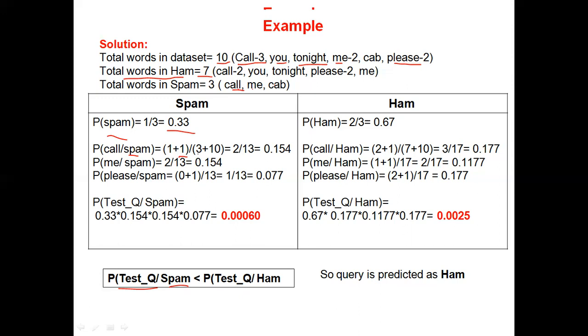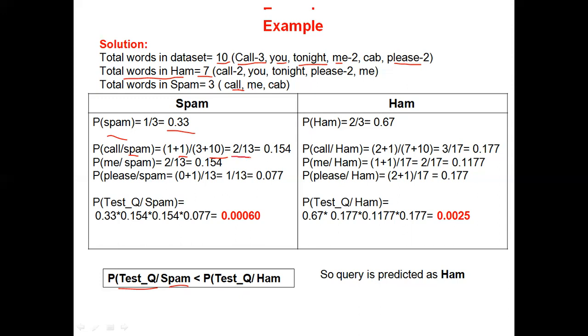Then in the denominator, instead of the number of documents, again we need to use the words here, 3 plus 10. So there are 3 documents plus 10 words. Why are we using 10 here? Because this probability should not exceed 1. My probability should be between 0 and 1, right? That's why we are using 3 plus 10 in the denominator.